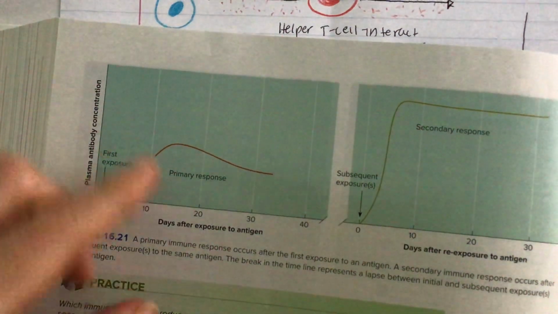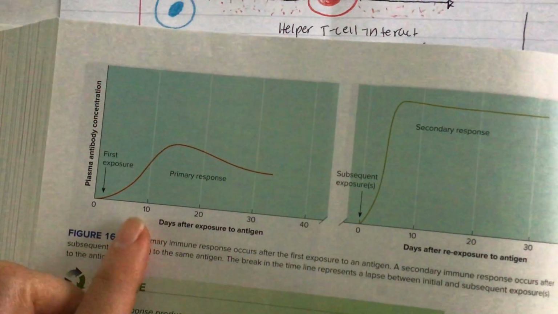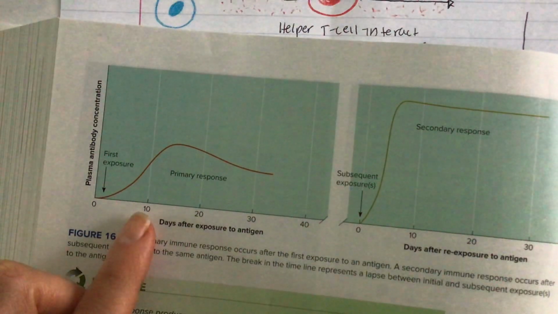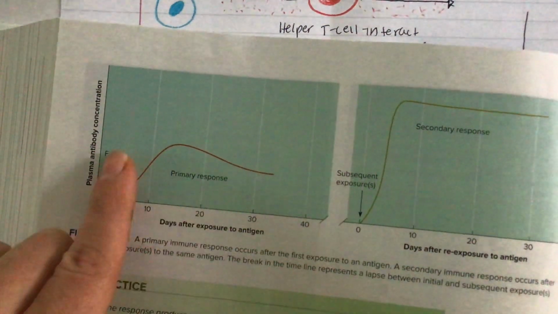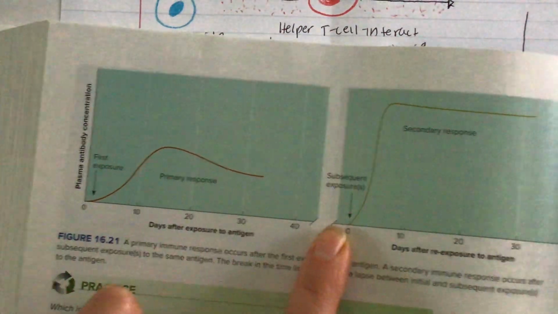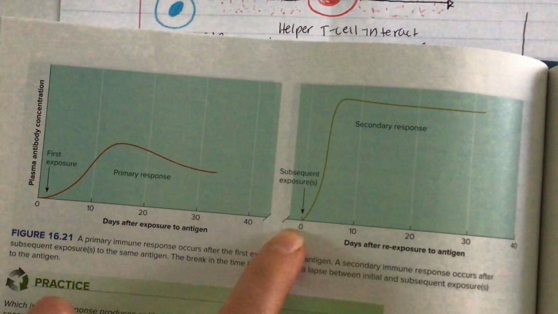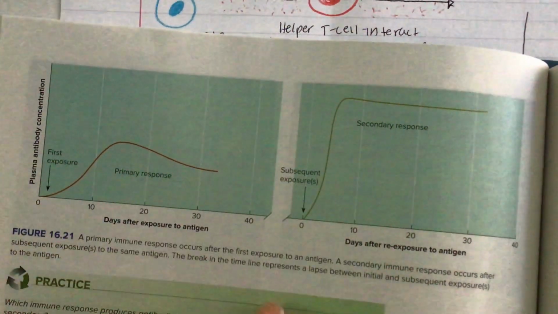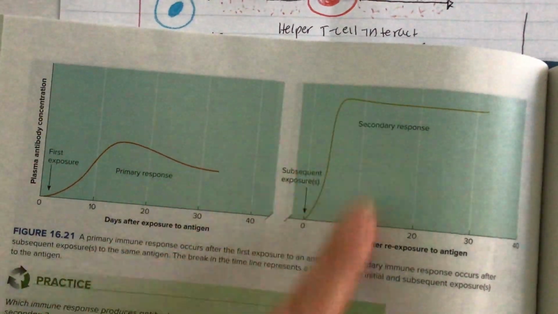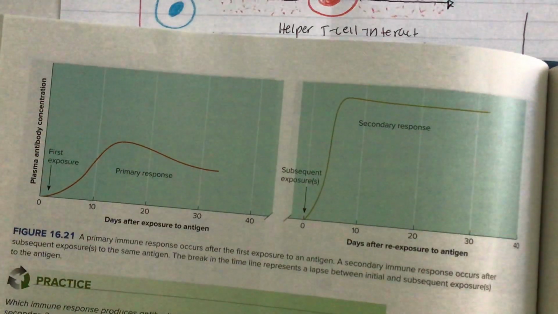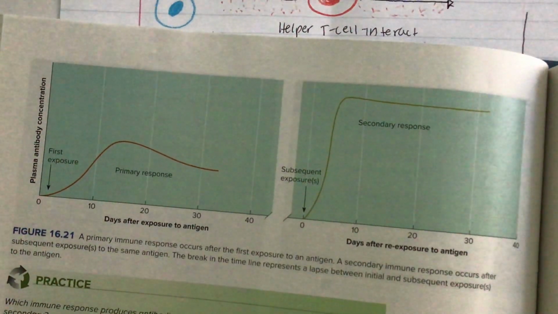So if we look after the first exposure, so the first time a certain, like say SARS-CoV-2 enters our body, you can see that it takes about 10, maybe like 5 to 10 days for a significant amount of antibodies to be in the blood and helping out. Versus on the second occurrence, you can see like right away it shoots on up. We see lots more antibodies, and much quicker, maybe 1 to 2 days after exposure, we have those antibodies at work in the cell.